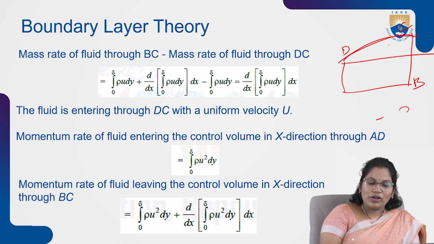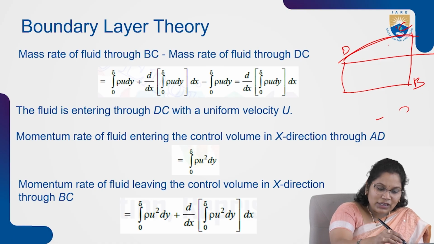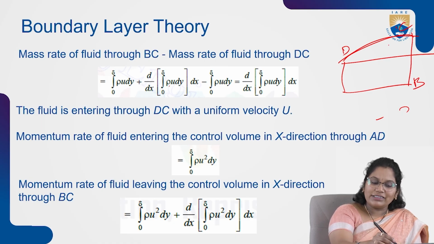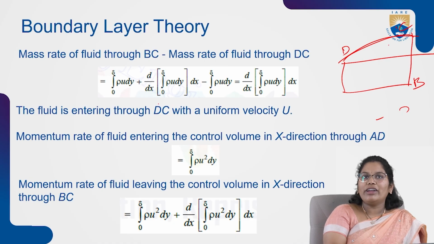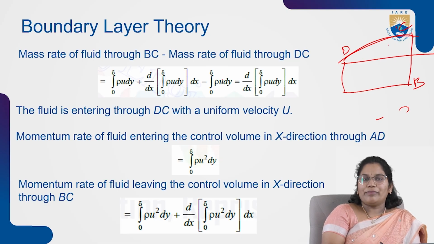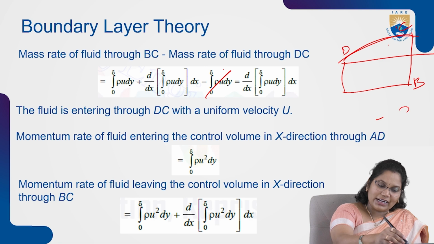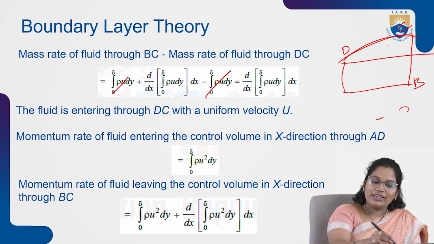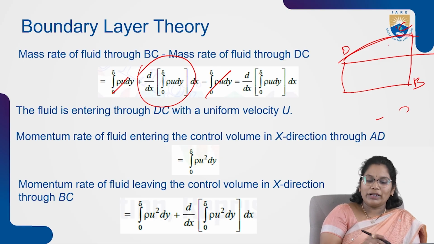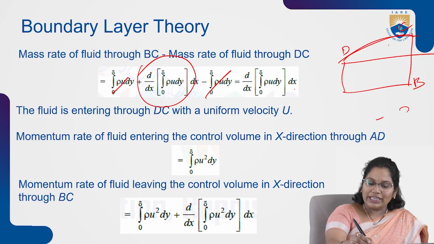So what happens is the integration from 0 to delta of rho u dy plus d by dx of the integration from 0 to delta of rho u dy into dx, minus the integration from 0 to delta of rho u dy. This and this get cancelled, and we get this equation: d by dx of the integration from 0 to delta of rho u dy into dx.